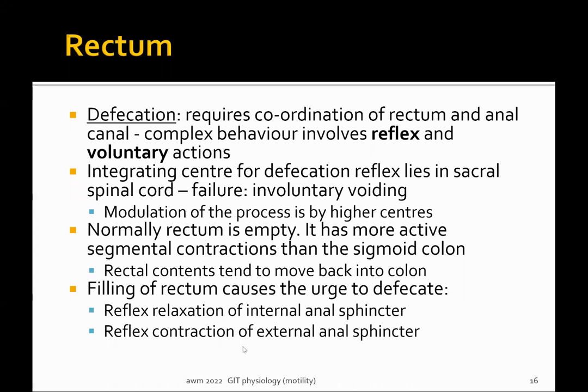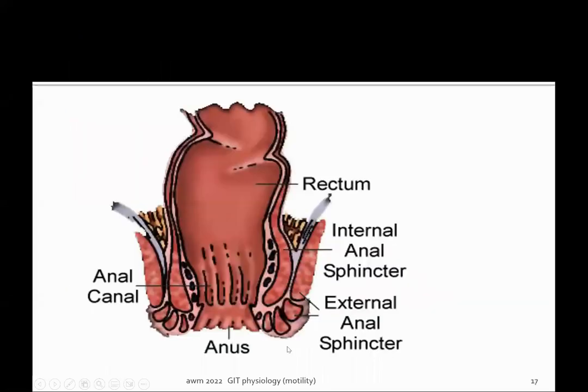So basically what we're saying is that you have control over the relaxation and contraction of the external anal sphincter, but you don't have control over the internal anal sphincter, because that smooth muscle is innervated by the enteric nerves. So you get relaxation of the internal anal sphincter, but the external one is still contracted.